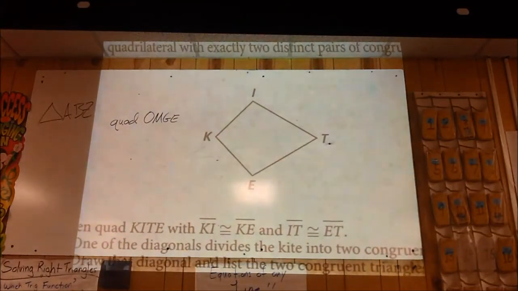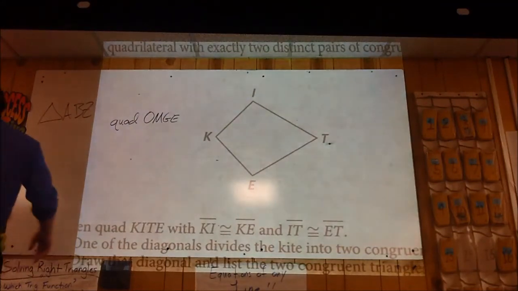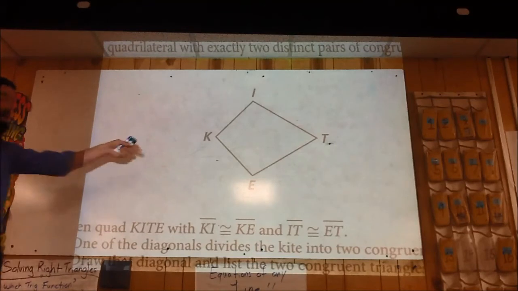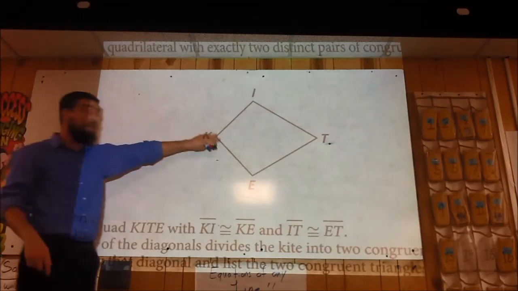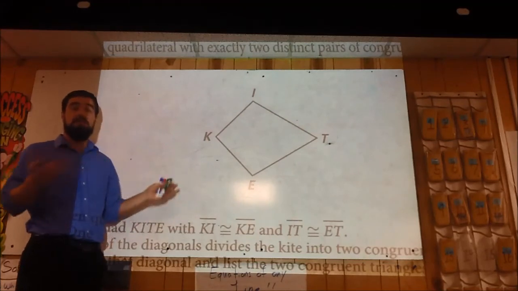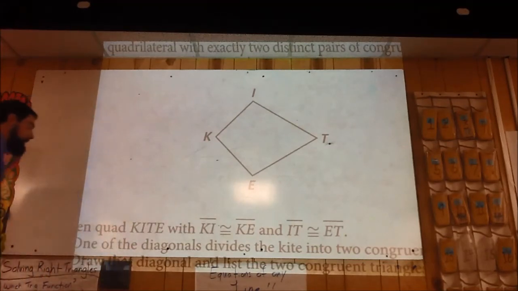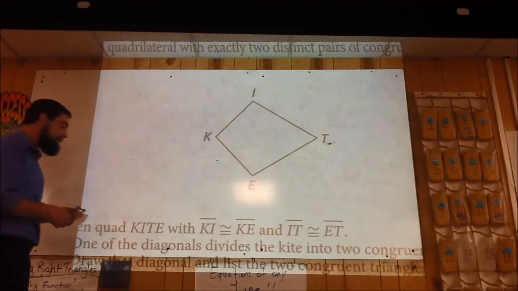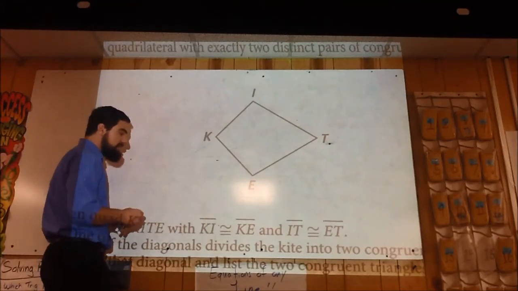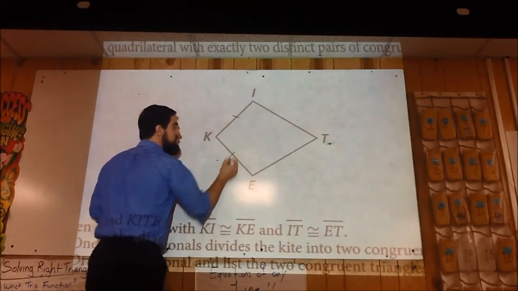Alright, so we're given this quadrilateral, KITE, and as of now, just based off of the diagram alone, all we can say is that this is just a quadrilateral, because there's nothing marked. However, they give us some information about it. It says, given the quadrilateral KITE with segment KI congruent to segment KE. So I know that this segment's congruent to that segment.